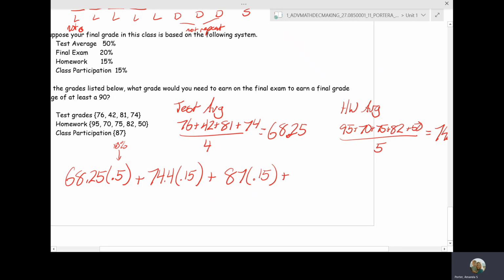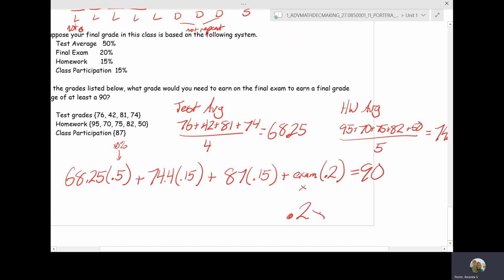Plus, I have no idea on my exam. So maybe I'll just say exam times 0.2. And in this situation, I do know the average that I want to obtain. I want a 90 in the class. So I'm going to equal this to 90. Now, that exam, maybe we'll just call the exam X.